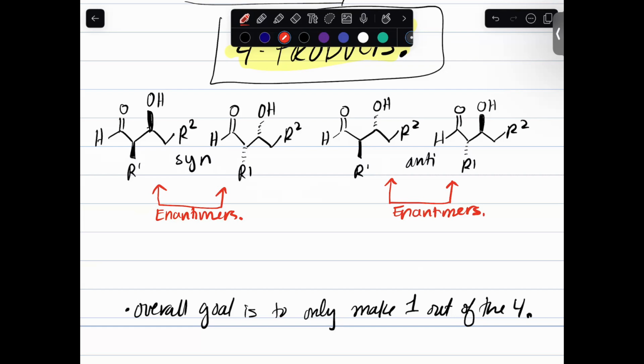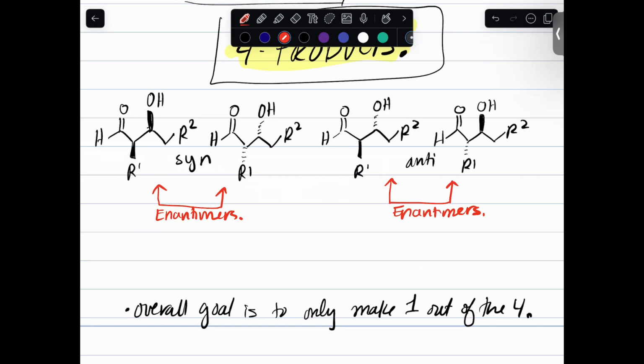Now we have to worry about diastereomers. And diastereomers are specific to anything with more than one stereocenter. Again, make sure you review your definitions. Diastereomers is anything with more than one stereocenter. Okay? Now we have to start grouping those as well.